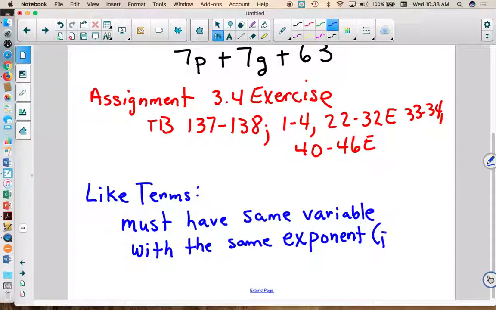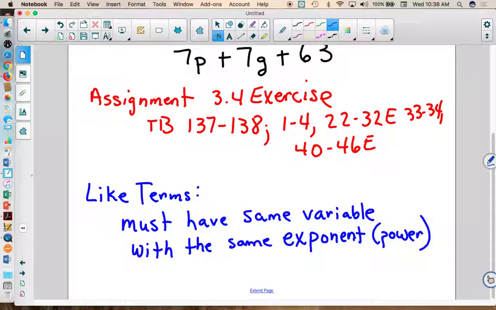Or the word power. Does that help? The only other thing that I could say, or they must be a constant. All constants can be combined. Do I need to say that for you? Okay? That has to be on your note card.